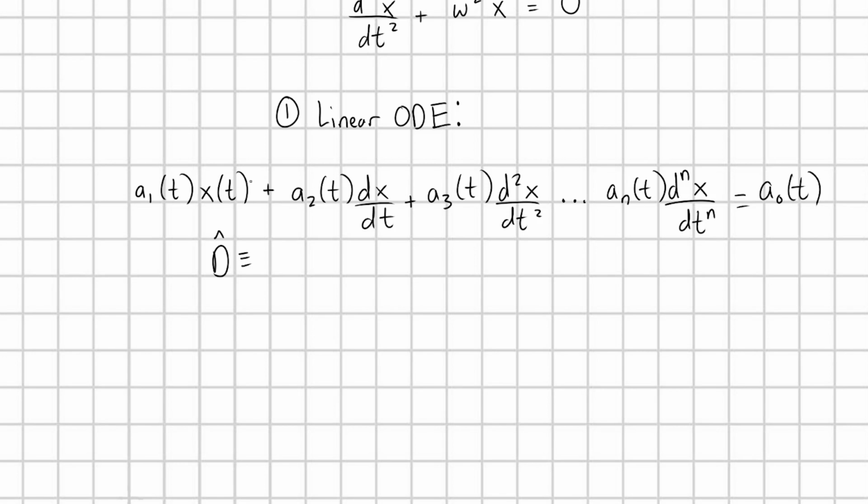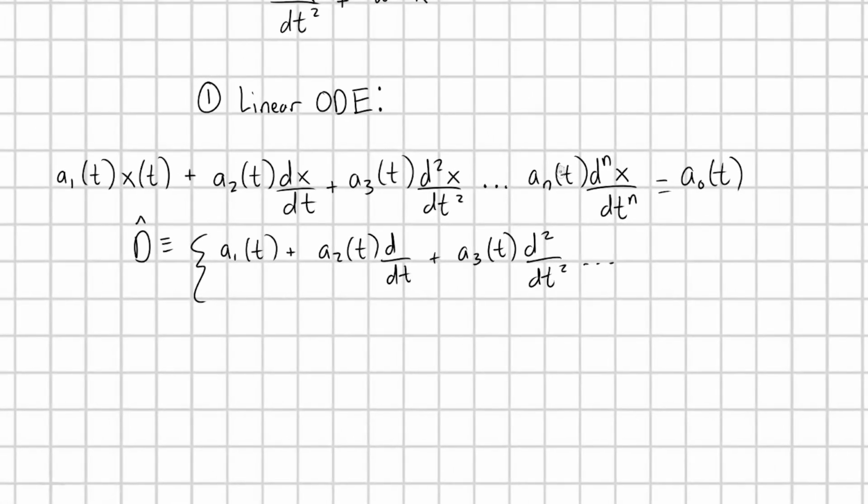And what it's defined as is a1 of t plus a2 of t times d/dt plus a3 of t d squared/dt squared, dot dot dot, all the way up to an of t d to the nth/dt to the nth.